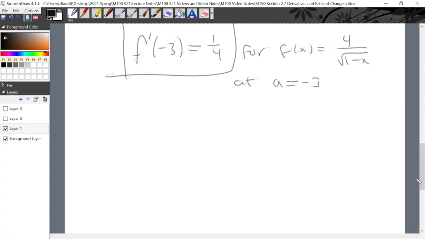Okay, let's go a little further than this then. Let's now find an equation, I don't want to say the equation, because there's more than one way to write an equation of a line.